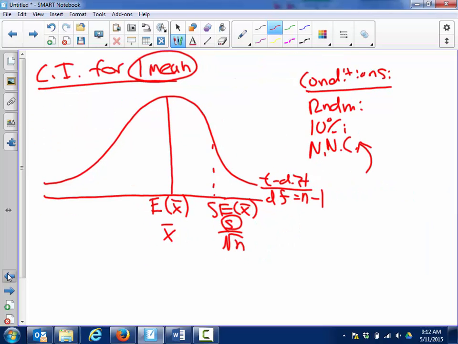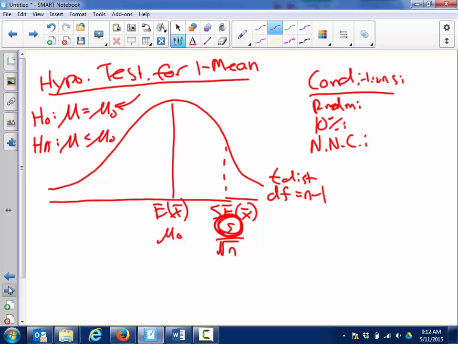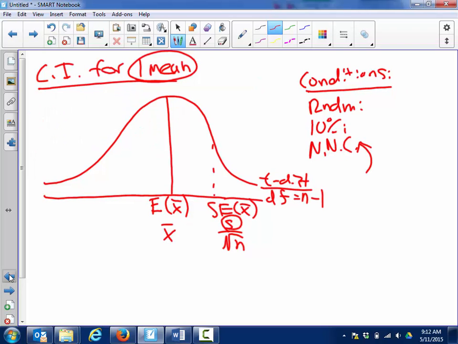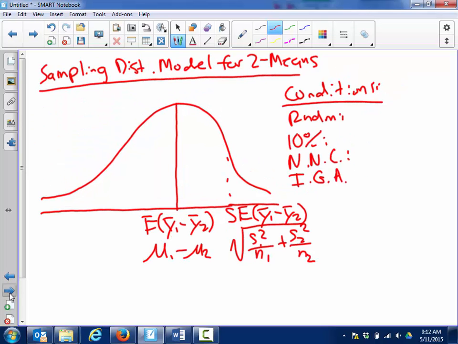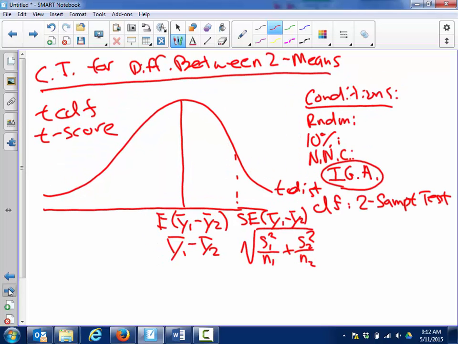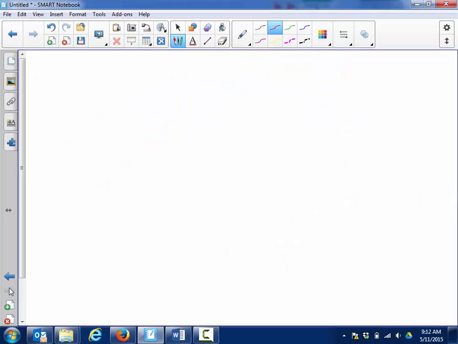Again, that's t-CDF and a t-score versus anytime you'd see a normal bell curve. When we had a sampling distribution model for one mean, you would have been using norm CDF, and you would have used a z-score.